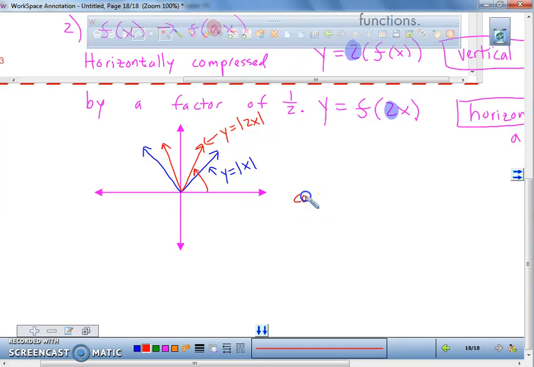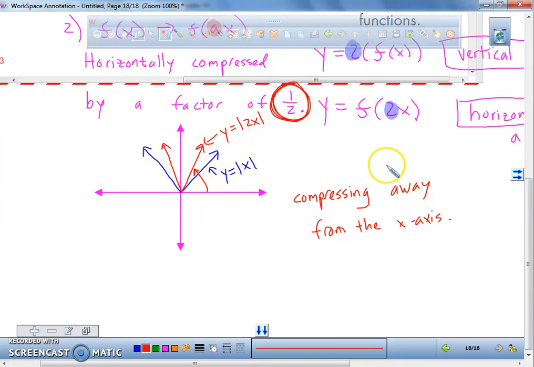So remember, we are compressing away from the x-axis. Understand that whenever you're dealing with a compression, your factor will always be 1 over your a value.